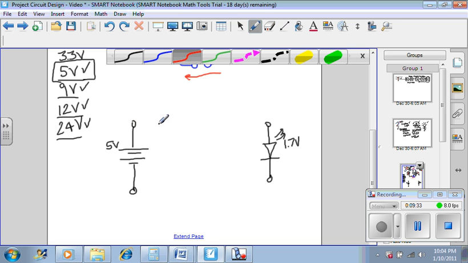So you obviously need some way to reduce the voltage from 5 to the 1.7 that you need.